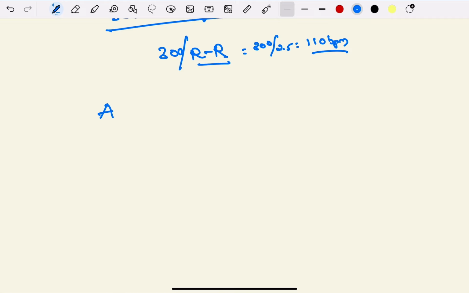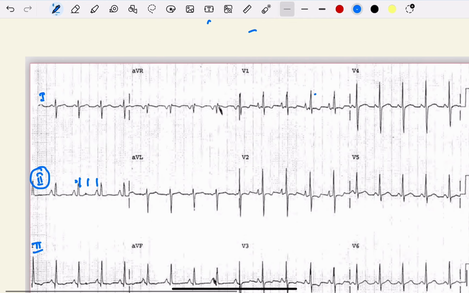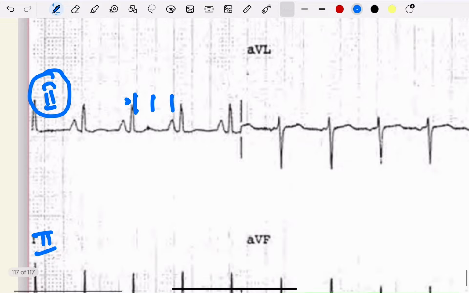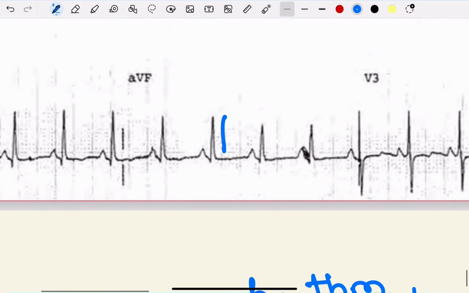Axis. Now let us look at the axis. Axis is calculated by looking at lead 1 and aVF. In lead 1, the QRS complex is predominantly negative, that is downwards. If you compare the R and S wave, S is dominant, so predominantly downward. And in lead aVF, the QRS complex is predominantly upward.